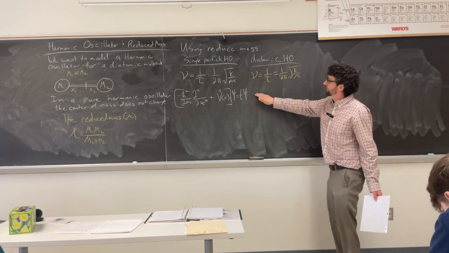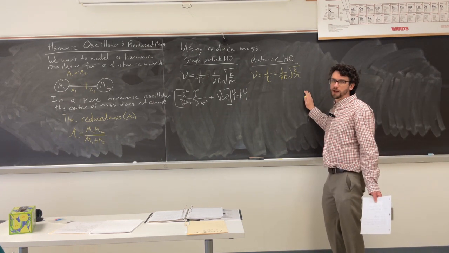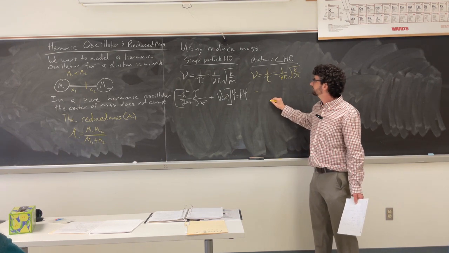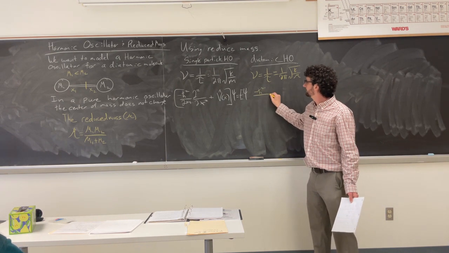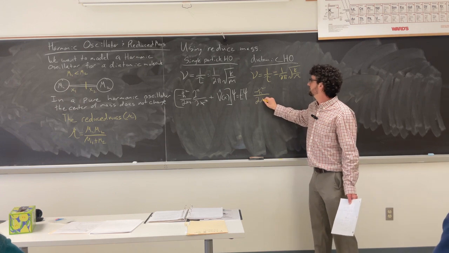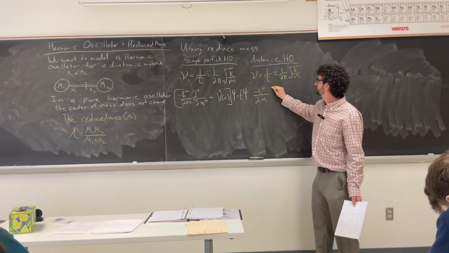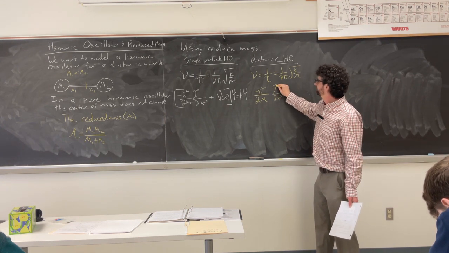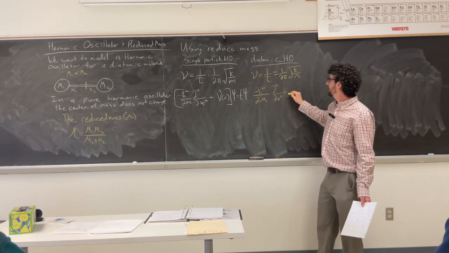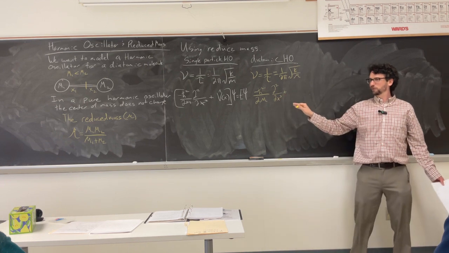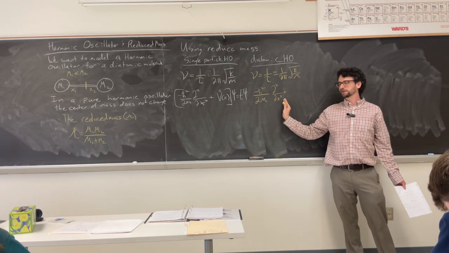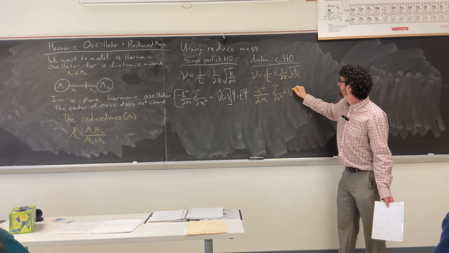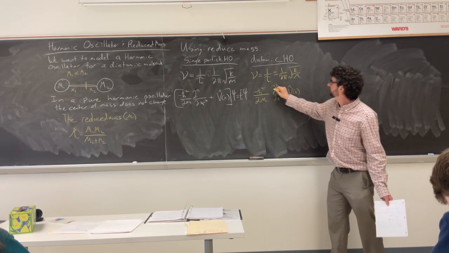What's it going to look like for our diatomic pure harmonic oscillator? Yep, over 2 mu. What else? We don't even have to worry about that because we've kind of reduced it all into one parameter thanks to that thing. Potential.